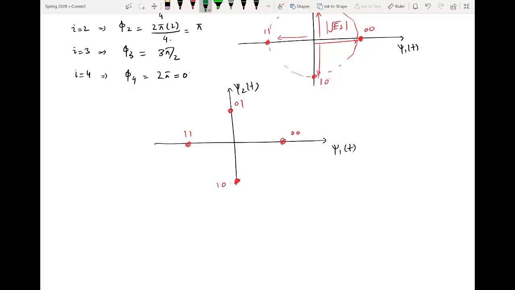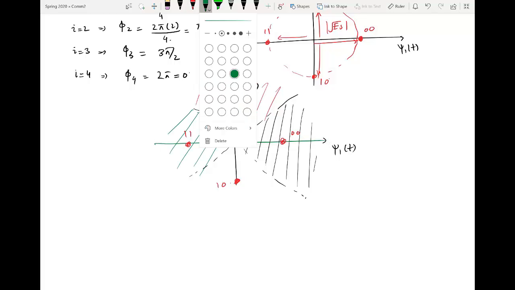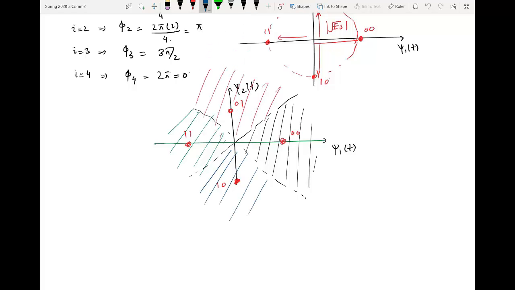What are the decision regions? Equally spaced decision regions can be formulated as this one. If I just draw lines here, then this particular region is the first one, this particular region is the second one, this region is the third one, and this region, the blue one, is the fourth one. So we have got four decision regions.